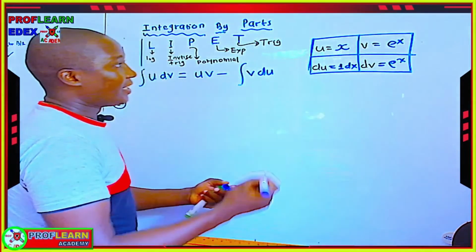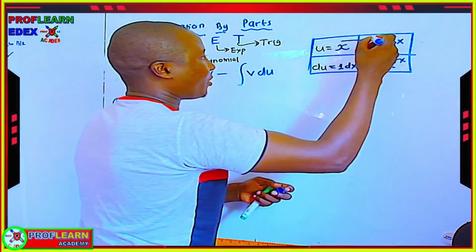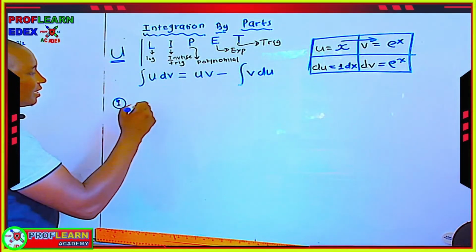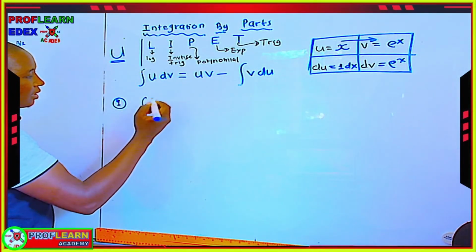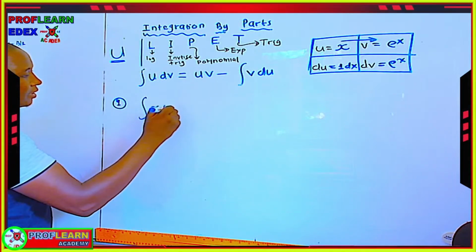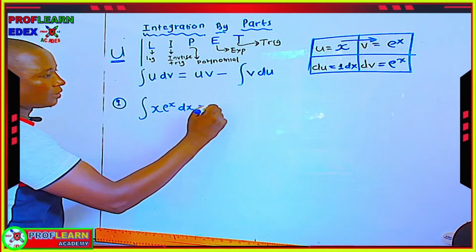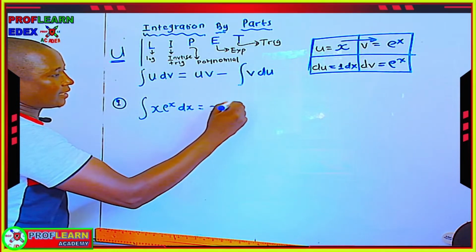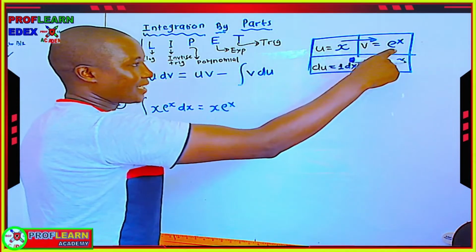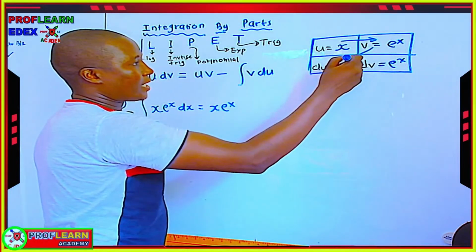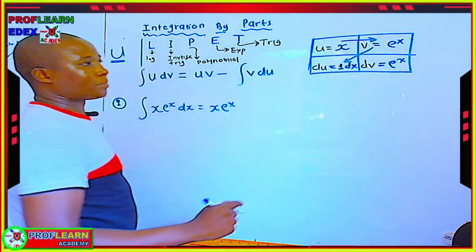Then this part here, we are going to multiply. So this is going to be integral of x e to the x dx equals x e to the x. If I multiply this and this, I'm going to get x e to the x. And then since I'm multiplying now diagonally, I'm going to subtract.